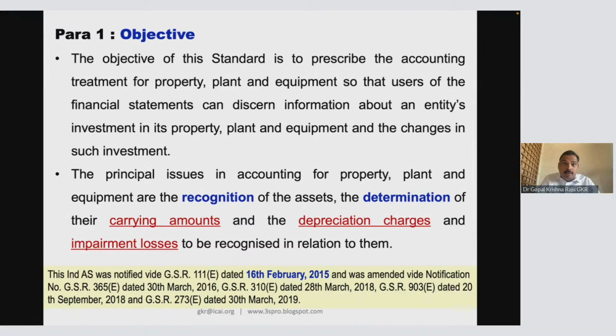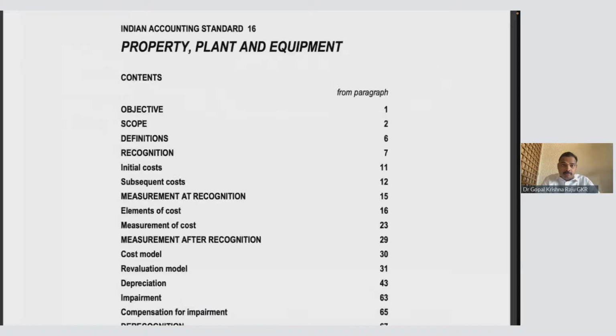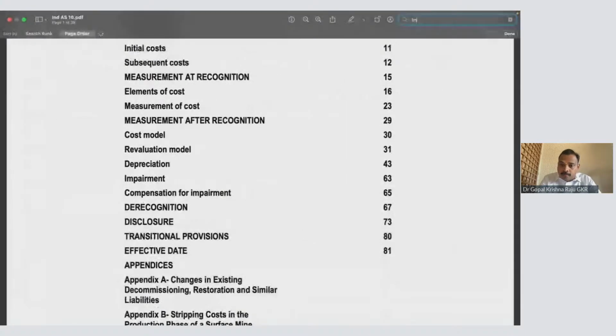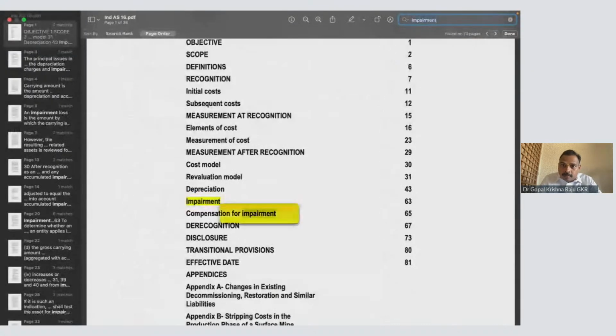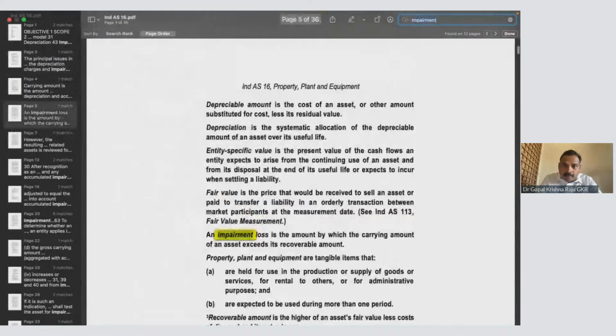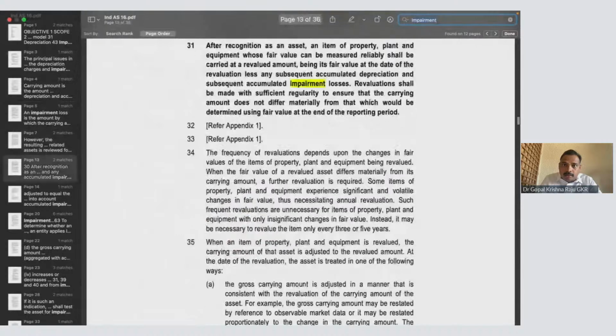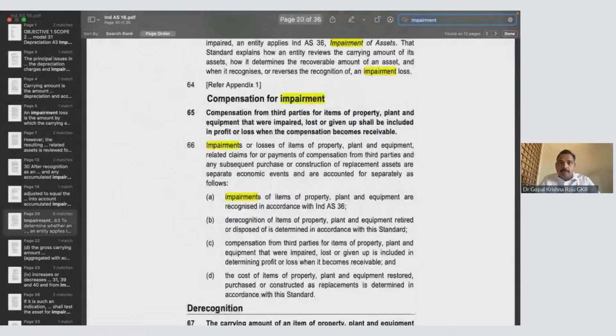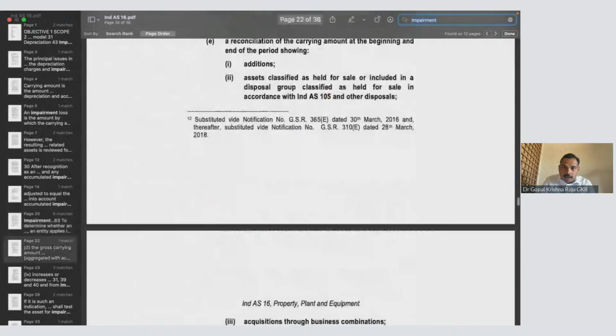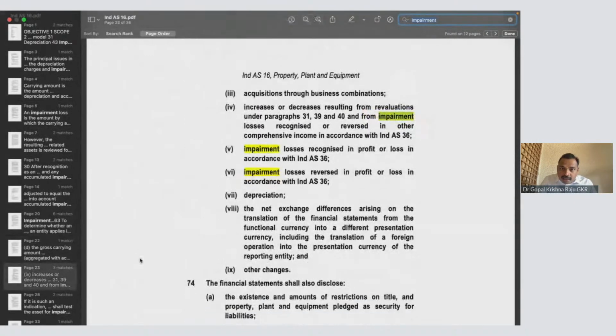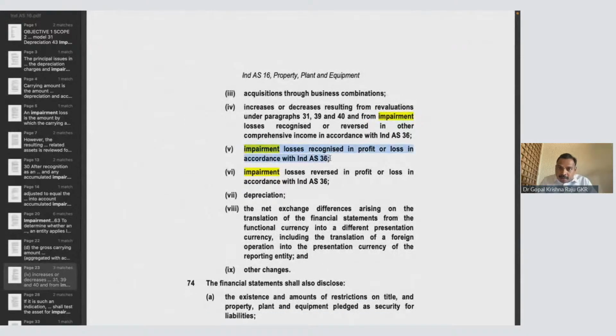So I'll just share with you the impairment part. Look at para number 63, impairment. Compensation for impairment. The impairment loss should be recognized as per Ind AS 36.